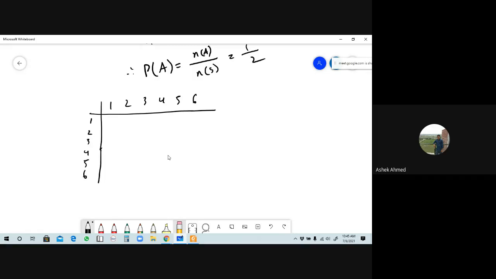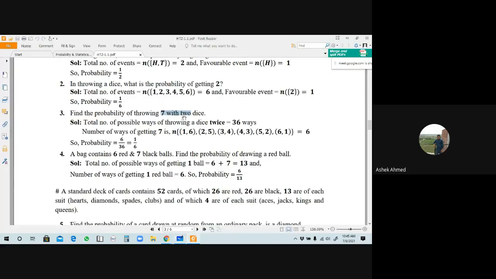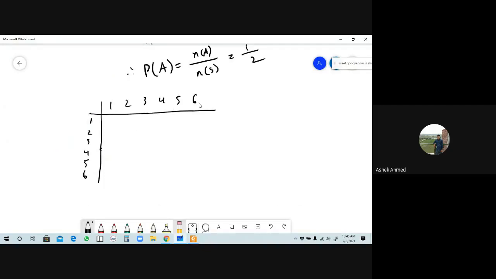Since we are given 7 with 2 dice, the first row represents the outcomes of one dice, and the first column represents the outcomes of the other dice. Do you understand? Yes, sir.